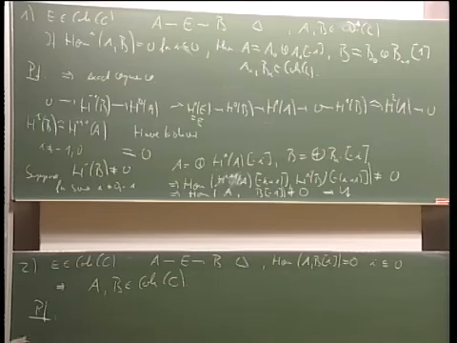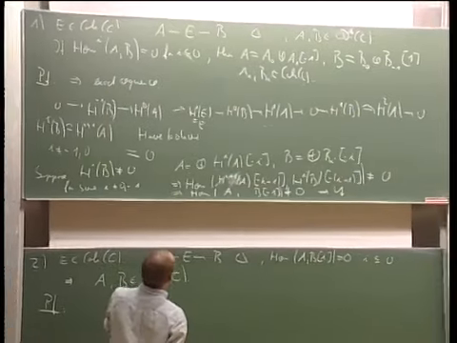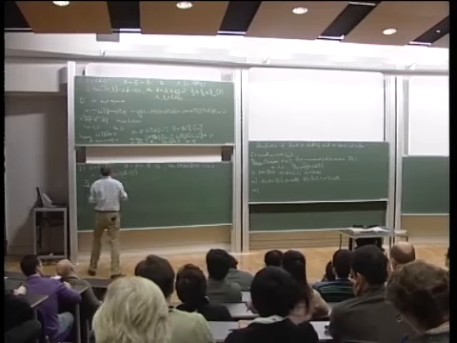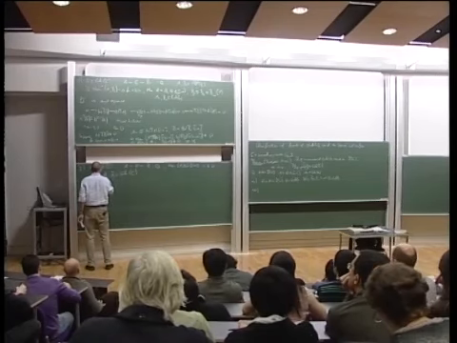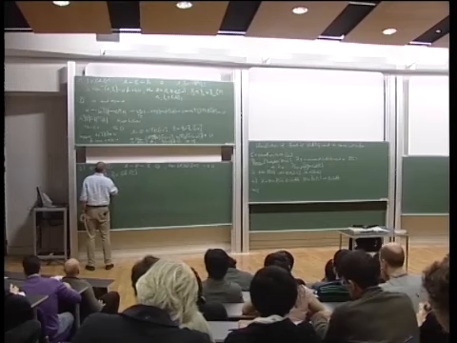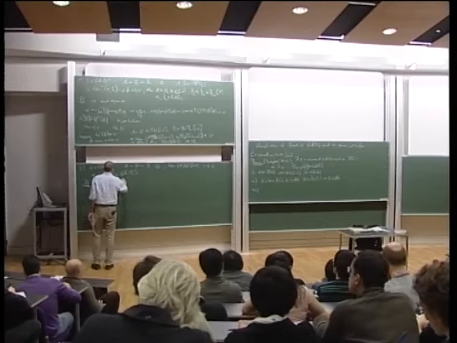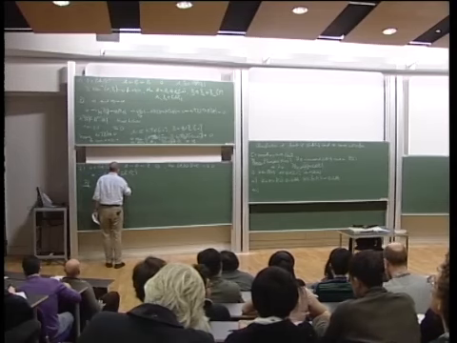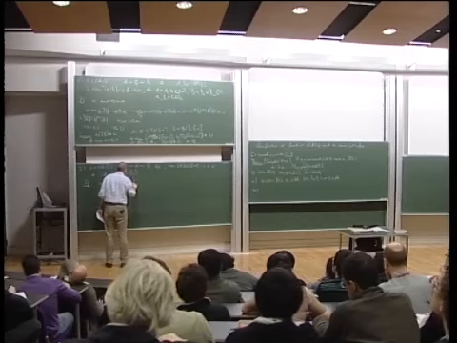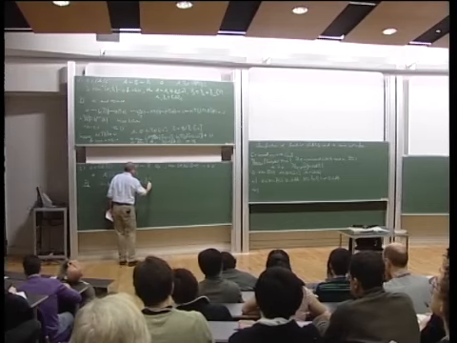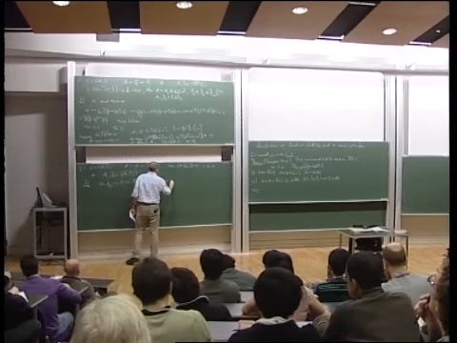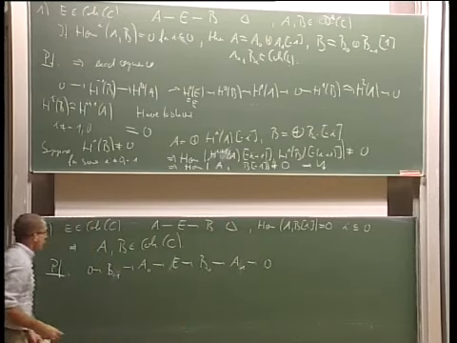Okay, so why is this? Well, it's essentially the same argument. So I write out this long sequence I have there. Let me write this as B minus 1, A0, E, B0, A1, right?